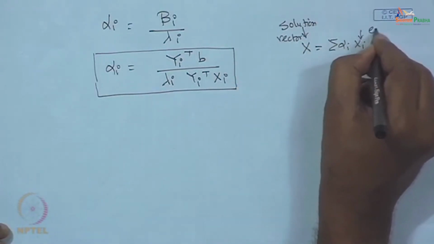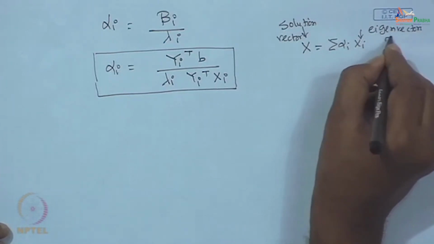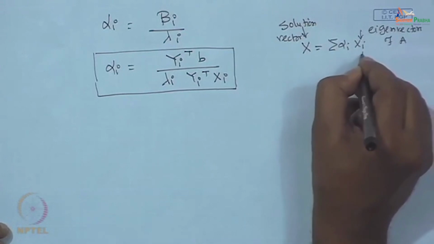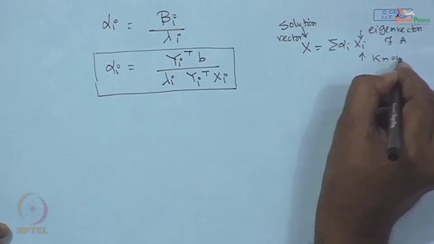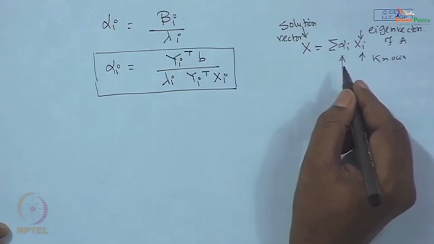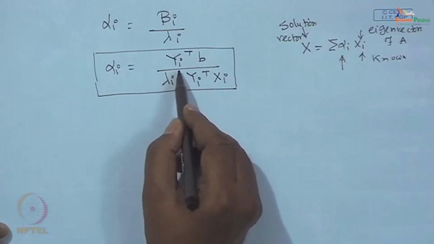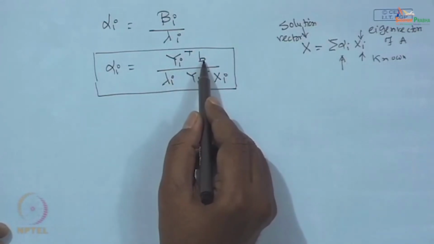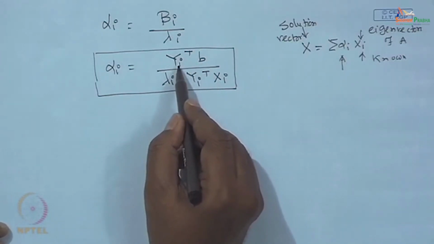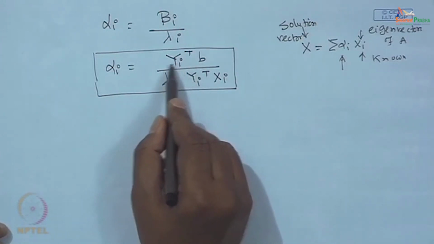These x i are the eigenvectors of A, so these are known. Alpha i is obtained from this equation, where b is a known vector, and y i are the eigenvectors of A transpose, so again this is a known vector.